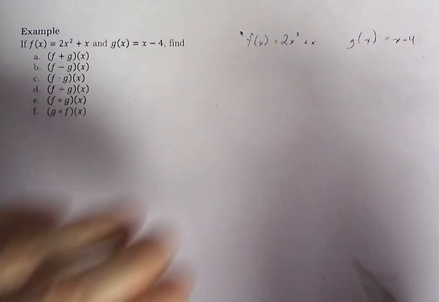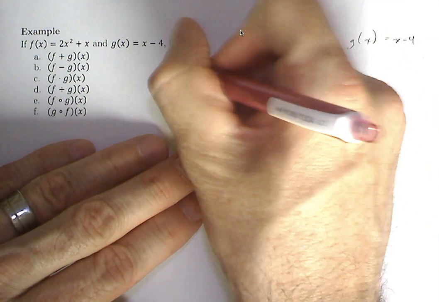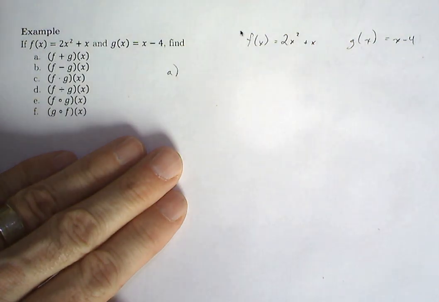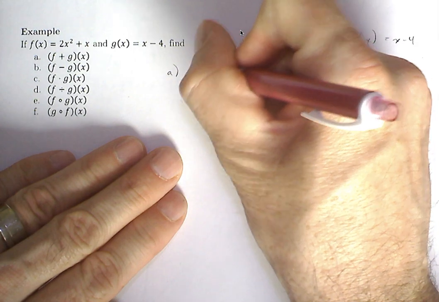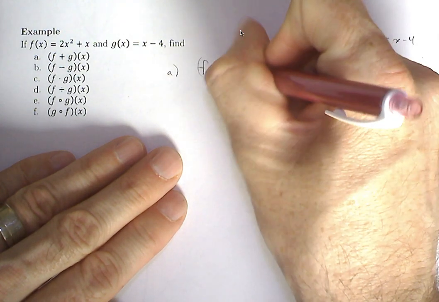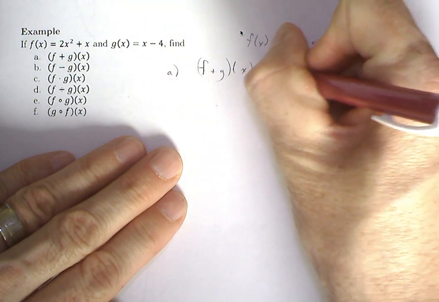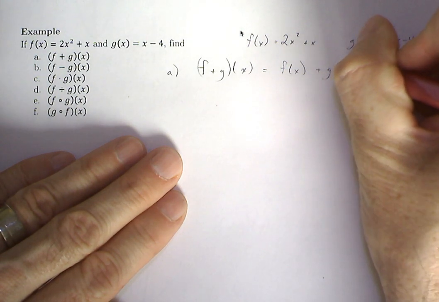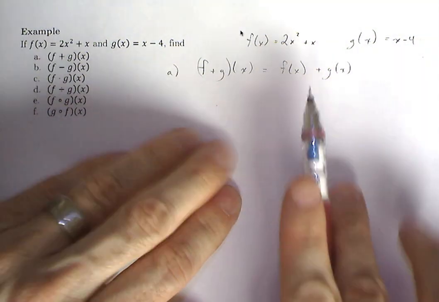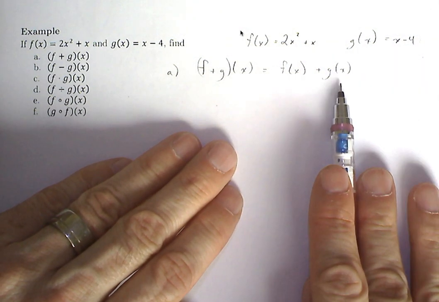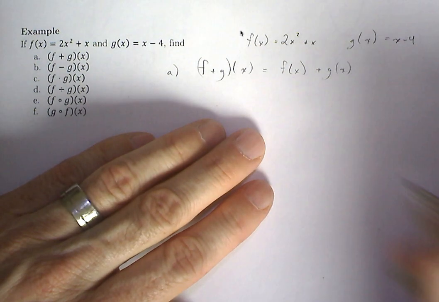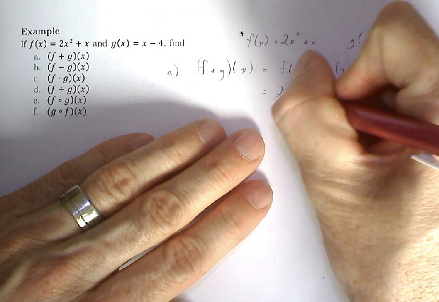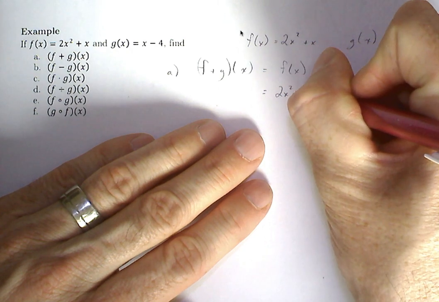A. I'm going to calculate f plus g of x. The f plus g of x, so I'm just going to write f plus g of x is equal to f of x plus the g of x. So really, my instructions for f and g are simply added. And the function f is 2x squared plus x.